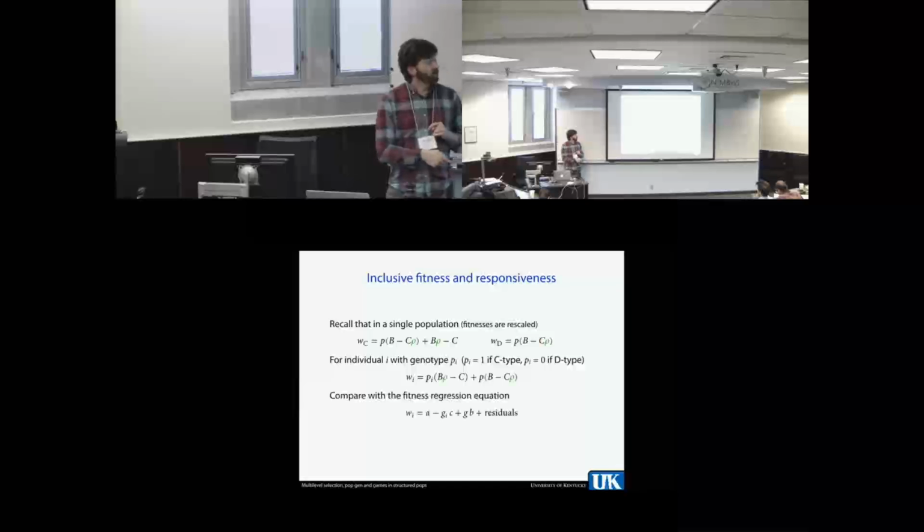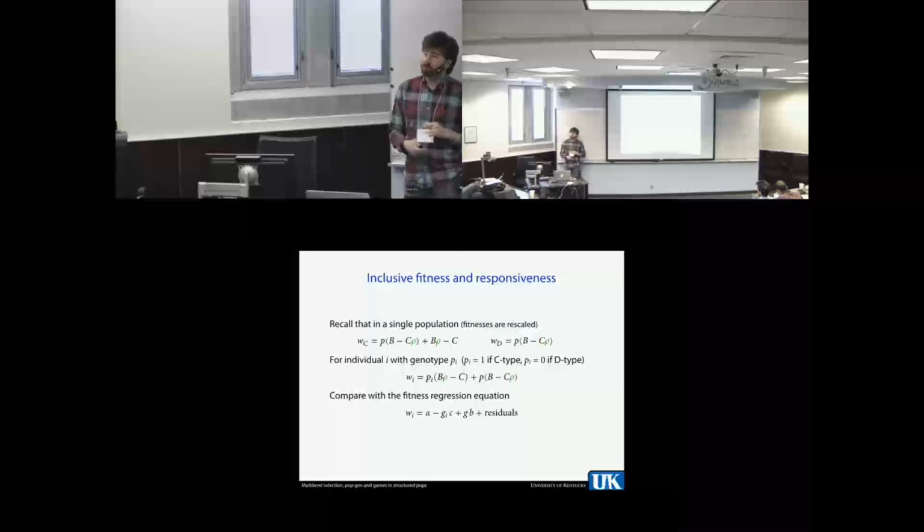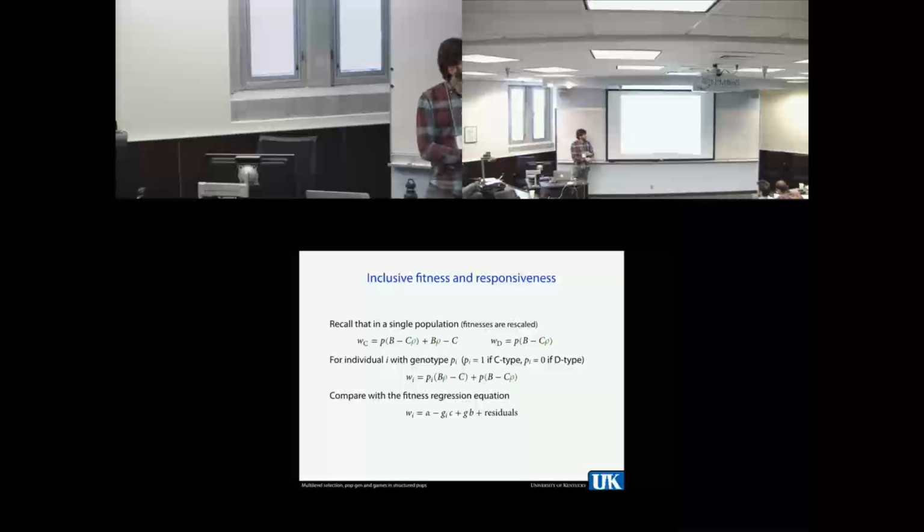If we compare that to the regression expression we wrote for Hamilton's rule, we can match these straight away. This G_I would be P_I here, so this thing has to be the minus C, and this was the frequency of cooperators in the population, the mean gene frequency in the group, so this has to be the B.